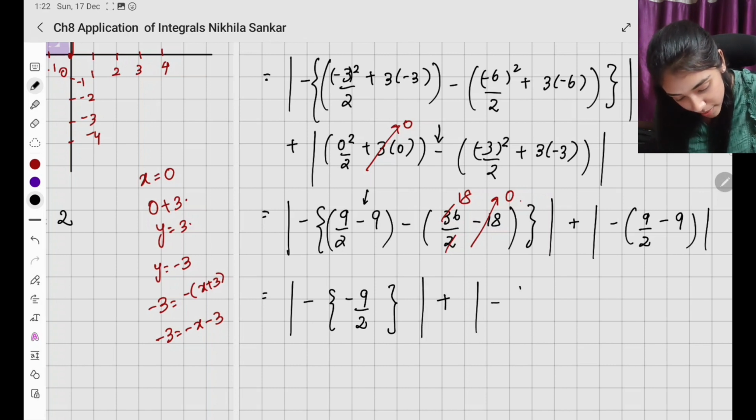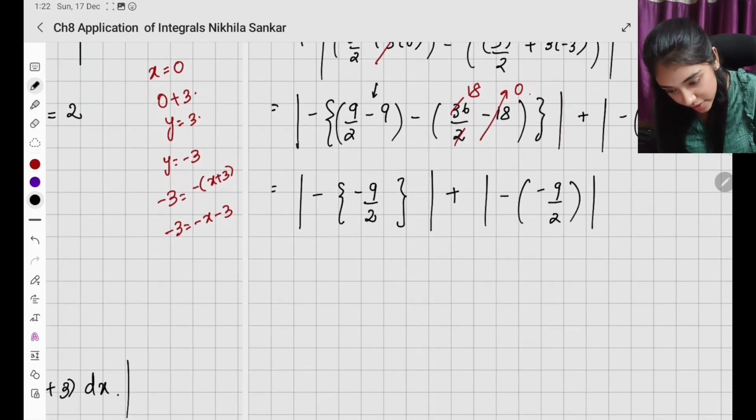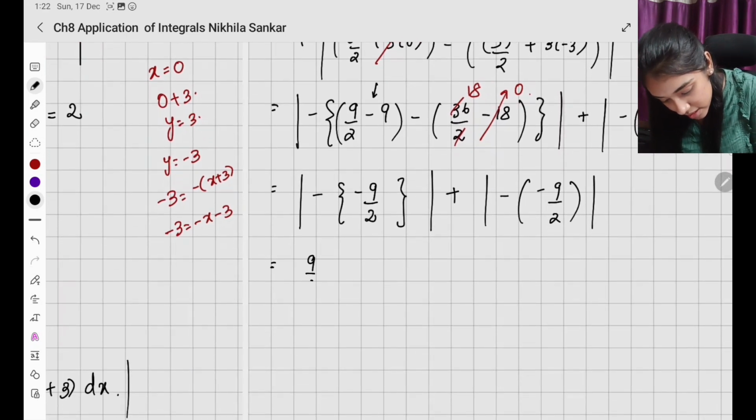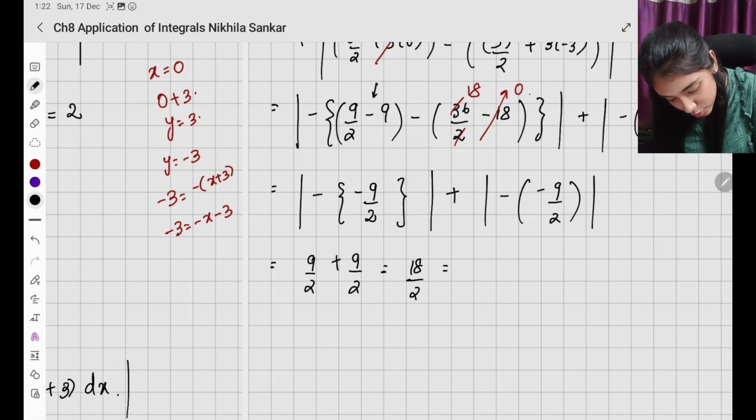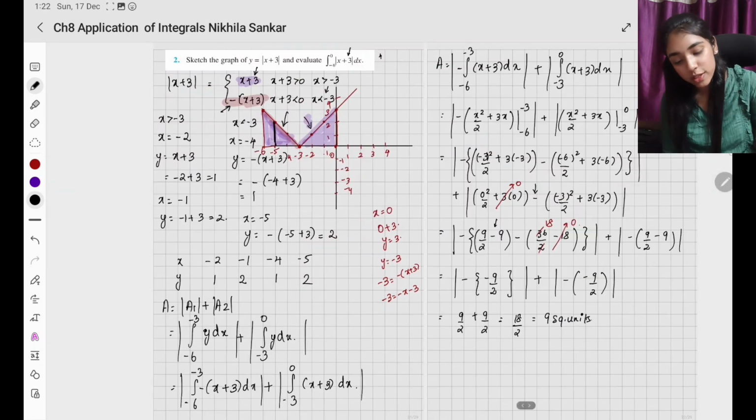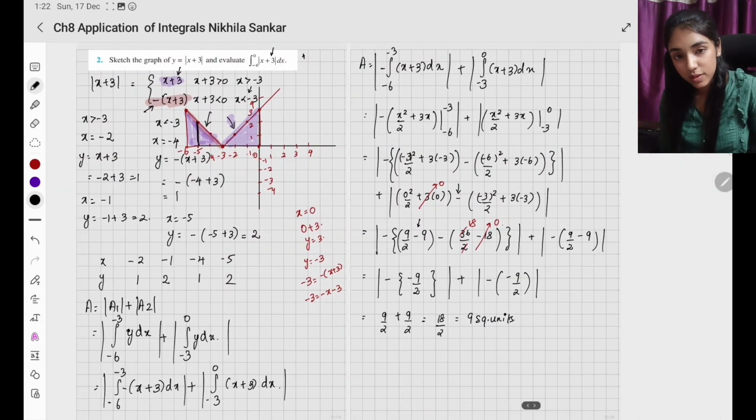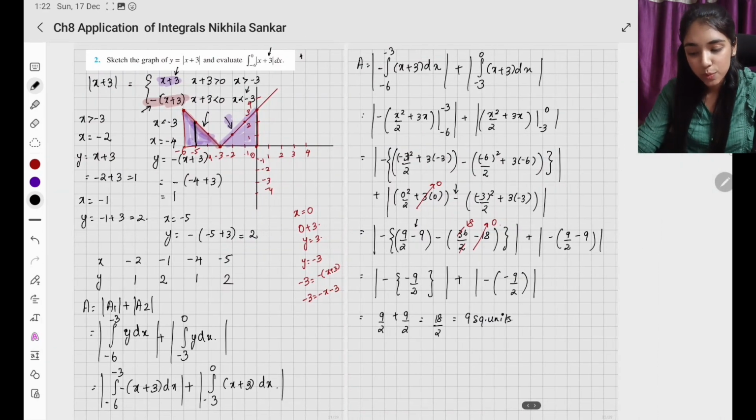Plus this is going to be minus, as it is, 9 by 2 minus 9, this is again going to be minus 9 divided by 2. Now when I come out of the absolute value, I'll have 9 by 2 plus 9 by 2, which is going to be 18 by 2, which is 9 square units. Okay. If you put this absolute value and minus carefully, only then the answer will come correct, otherwise you will mess up somewhere. Okay, so please pay attention.